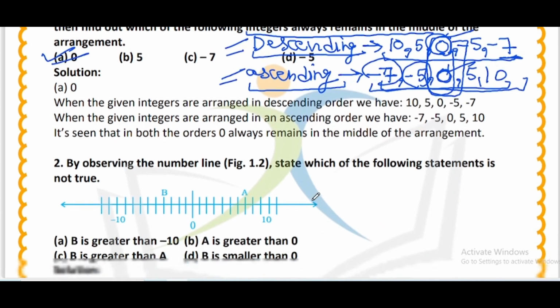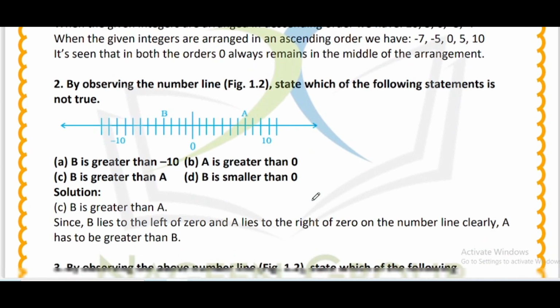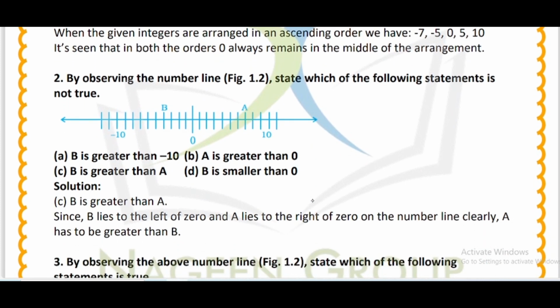Let's see question number second. By observing the number line, state which of the following statements is not true. Let's see. 0.